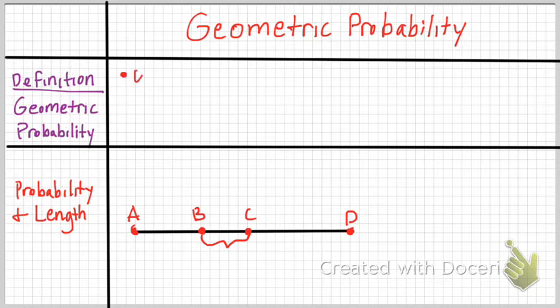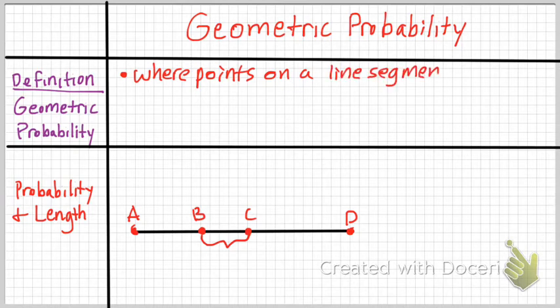So it's where points on a line segment or plane represent the outcomes.